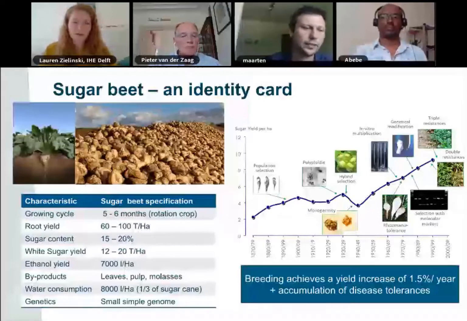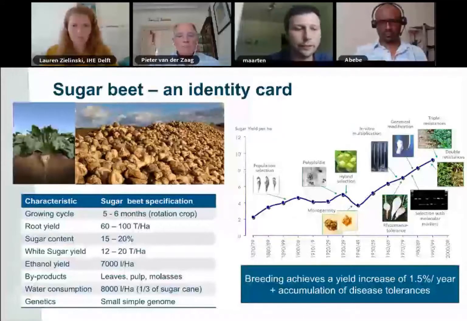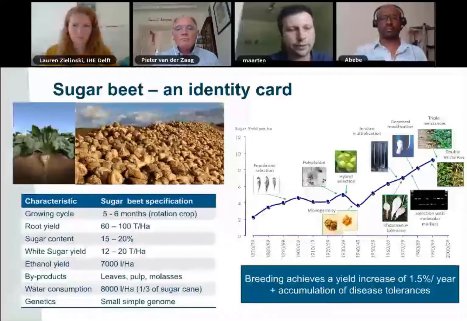It's also used as an energy crop, just like sugarcane. Most used byproducts are the leaves, the pulp, the molasses, mainly for animal feed purposes. Leaves also as an organic fertilizer.